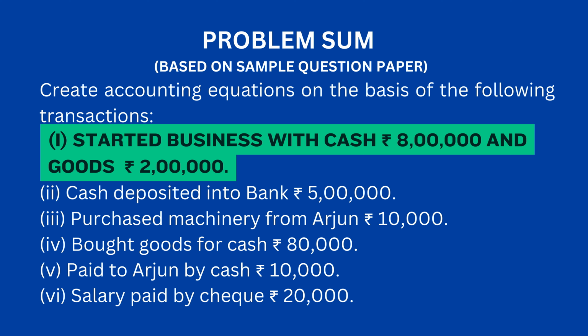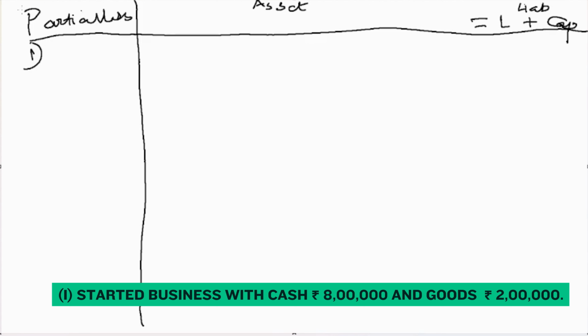For the first question, you have to write the question over here. I have just given one over here, so you can write: started business with cash and goods. And therefore, when we are starting the accounting equation, in this question we are having started business with cash and goods.